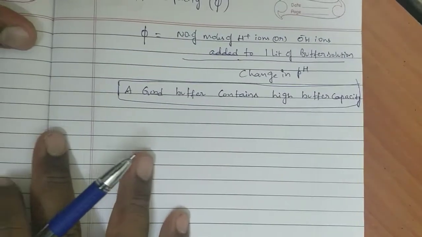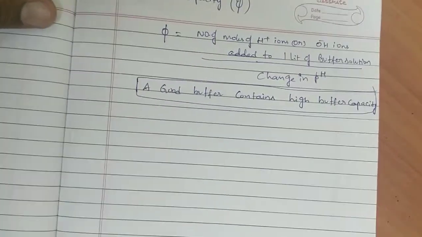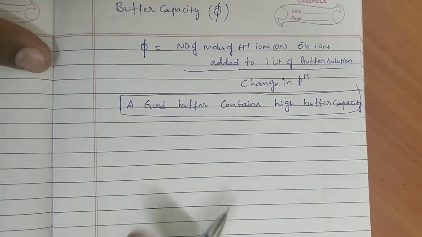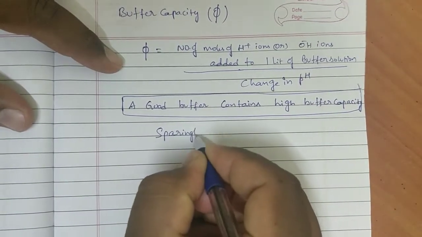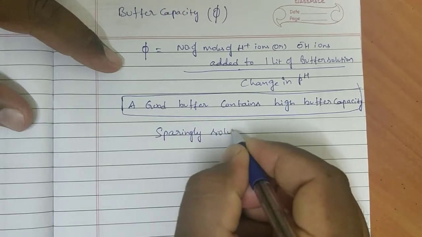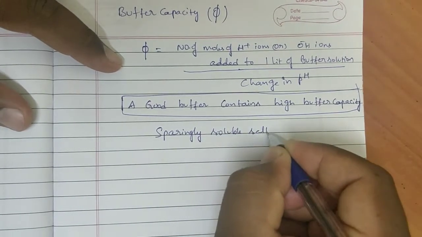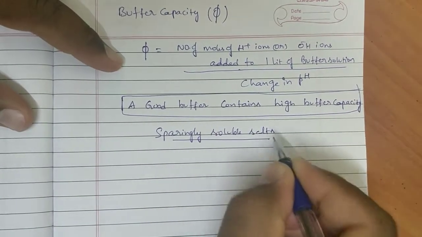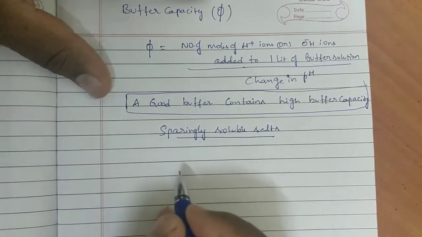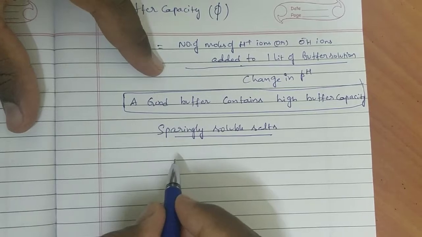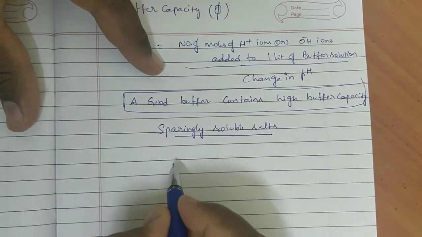Next, finally, we are left with one small concept that is called sparingly soluble salts. There are three types of salts depending on the solubility of that salt in water.